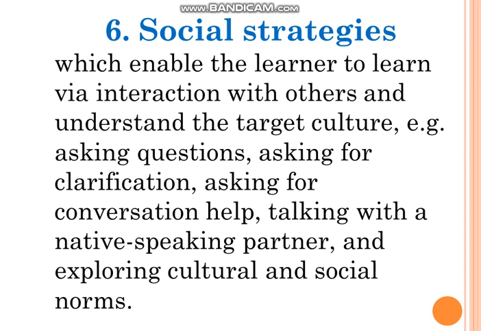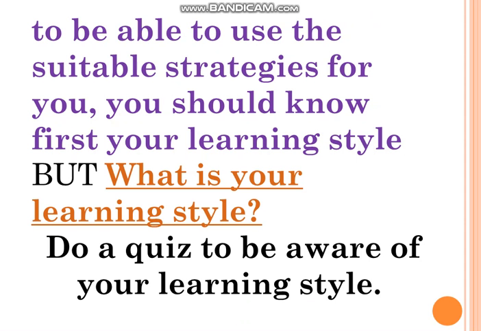Social strategies, which enable the learner to learn via interaction with others and understand the target culture. For example, asking questions, asking for clarification, asking for conversation help, talking with a native speaking partner, and exploring cultural and social norms. To be able to use suitable strategies for you, you should know first your learning style.